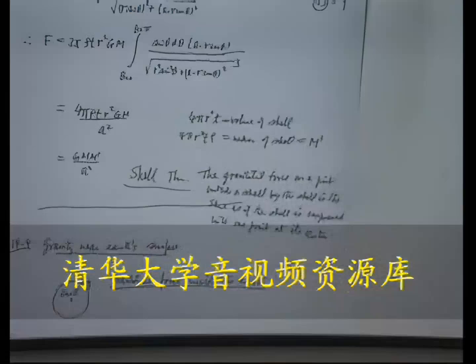Let me read. The gravitational force on a point outside the shell, by the shell, is the same as if the shell is compressed into one point at its center.